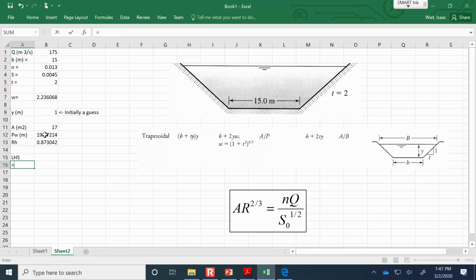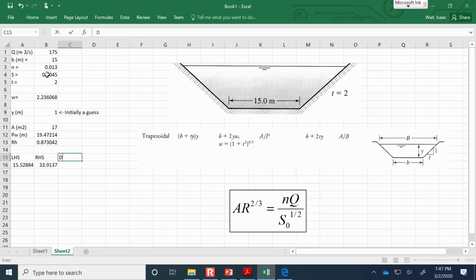So the left-hand side of the equation is the area multiplied by the hydraulic radius to the power of 2/3. Now the right-hand side of the equation is going to be N times Q divided by the slope to the power of 1/2. So the square root of the slope.